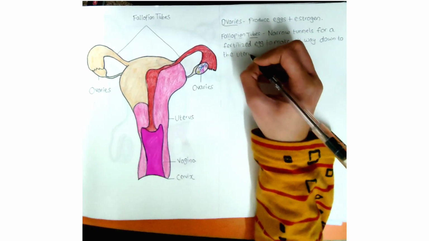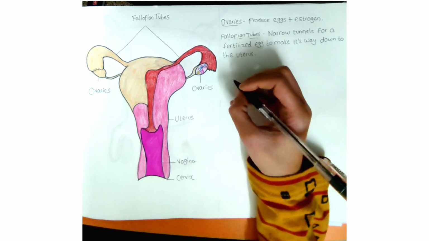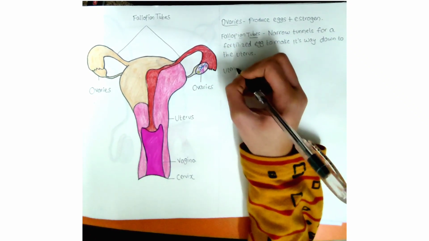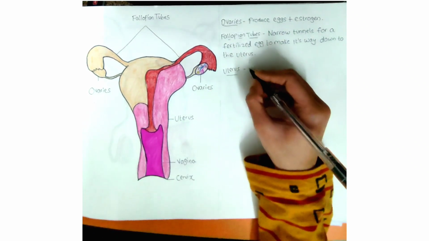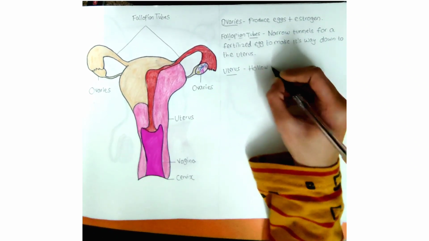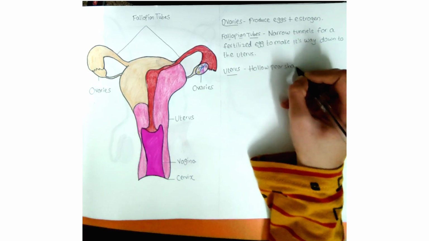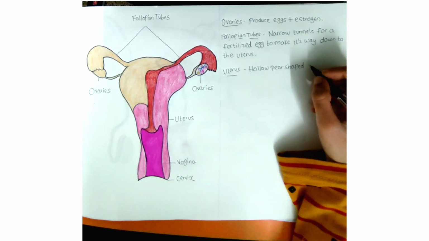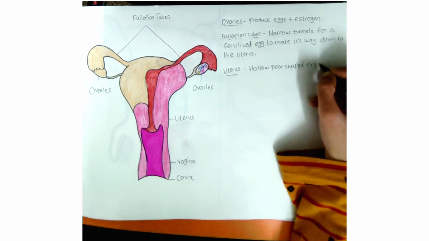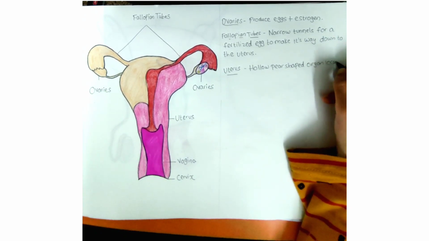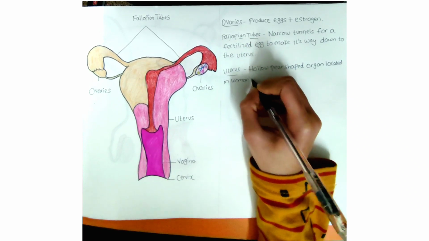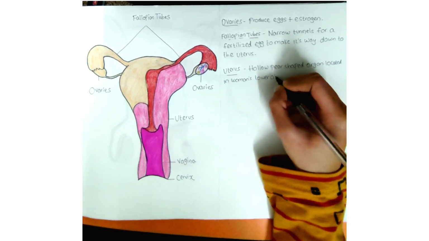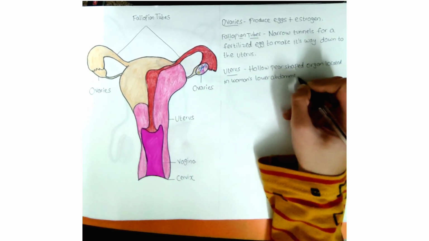The uterus is a pear shaped body, and it is the main organ which is going to hold the fetus. This is the part where the embryo, which is the fertilized egg, develops, and that fetus is going to develop inside the uterus.